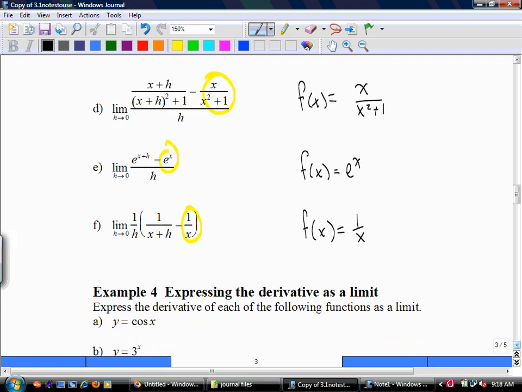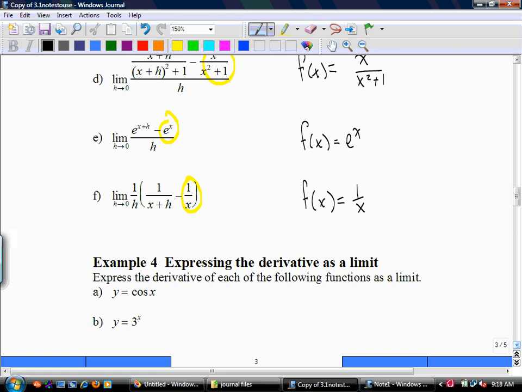Okay. So if I asked you to find the derivative of this, not even find the derivative, do the first step. You're going to do f prime of x equals the limit as h goes to 0 of, just do the first step.